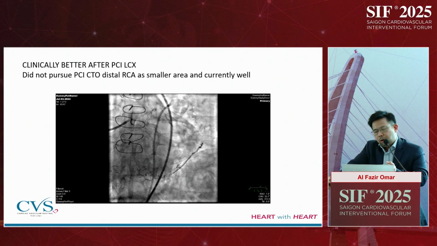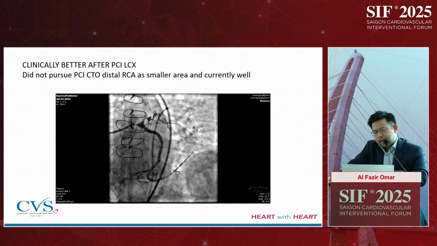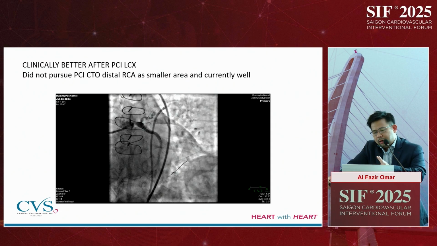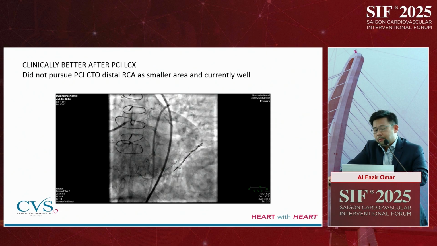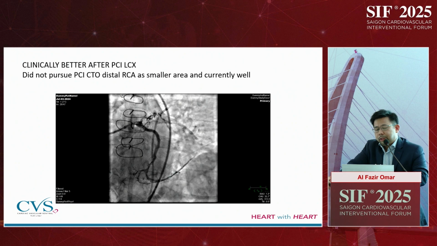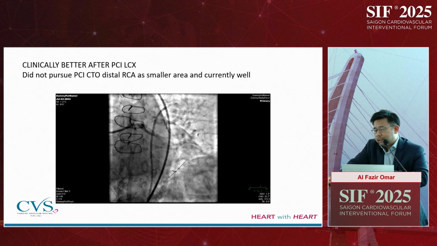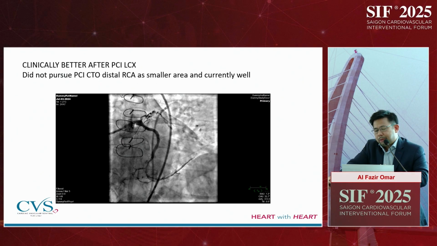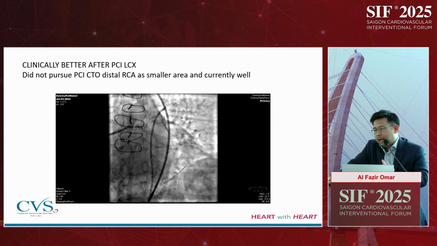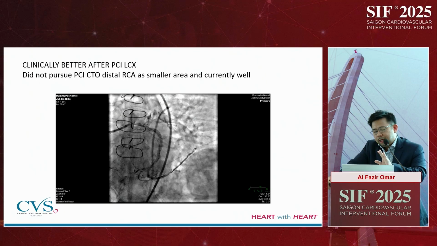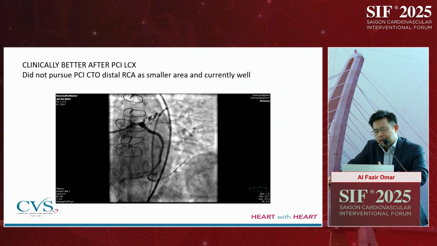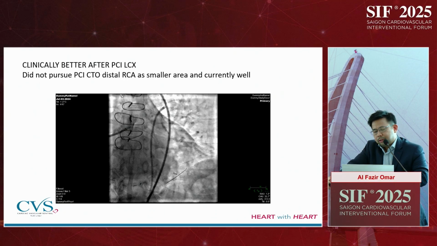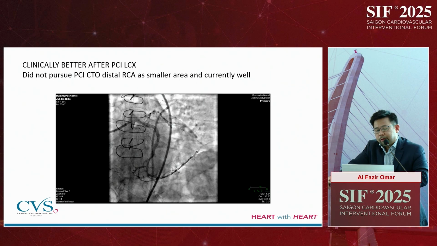So we actually opened up his native LCX and that itself was enough for his symptoms. I did not do his distal right because it's perfused by the LIMA to LAD. But just by opening his massive LCX, he got much better. I think the circumflex was the culprit, and the right is occluded. So this itself was enough for his angina relief.